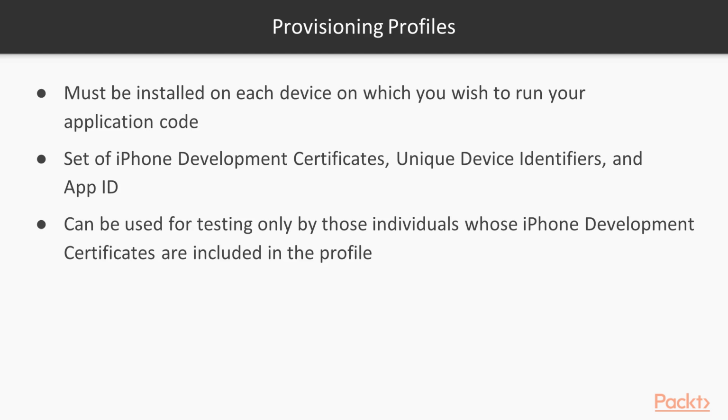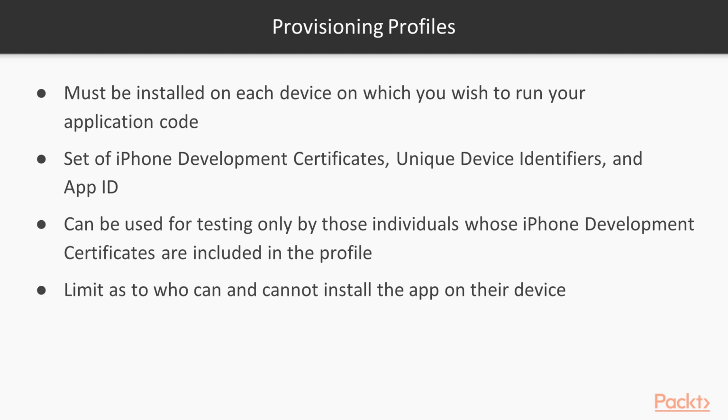Devices specified within the provisioning profile can be used for testing only by those individuals whose iPhone development certificates are included in the profile. A single device can contain multiple provisioning profiles. Provisioning profiles allow developers and app owners to limit who can install an app on their device by allowing and subsequently not allowing which device is included in a provisioning profile.